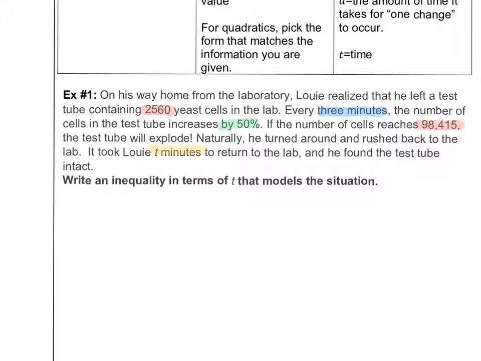Okay. Right away, I noticed two things that we need to jot down. The first thing I notice is that over here, this 98,415, if the number of cells reaches this, the test tube will explode. And then it says that he found the test tube intact. So it doesn't explode, so that means it didn't reach this number. So right away, I think that whatever we get is going to be less than 98,415.